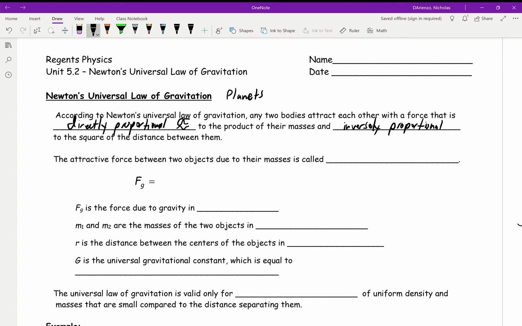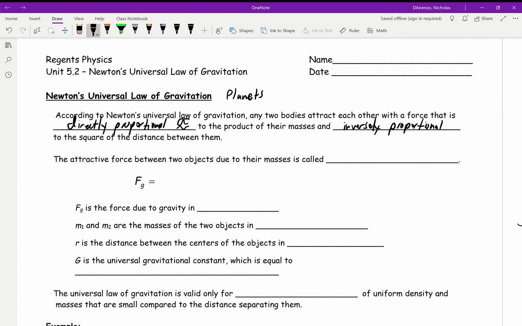So basically saying that the attractive force between two bodies is going to increase the larger the bodies get, and it's going to decrease the farther an object gets away from the other.